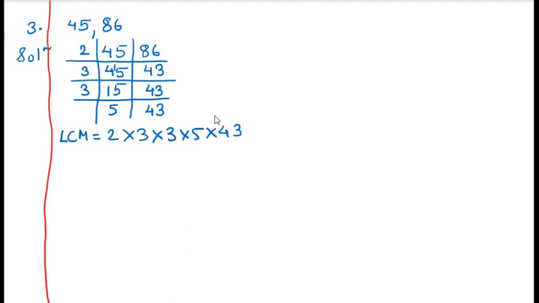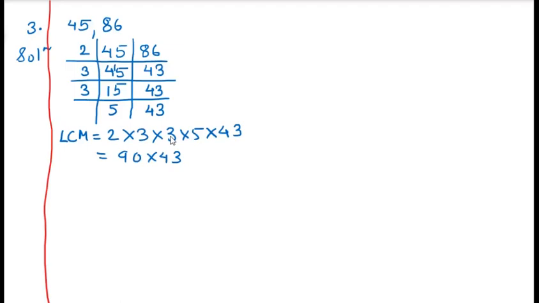Now if you see these factors, you have to multiply them. 2 3s are 6. 6 3s are 18. 18 5s are 90. So you will write here 90 multiplied by 43.